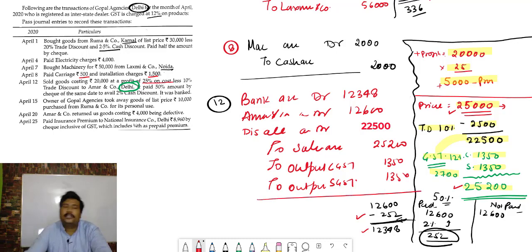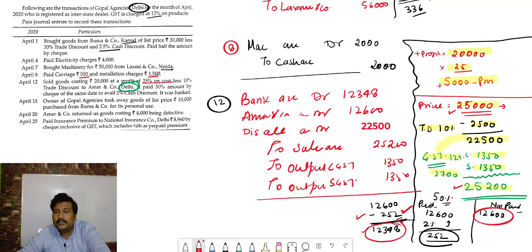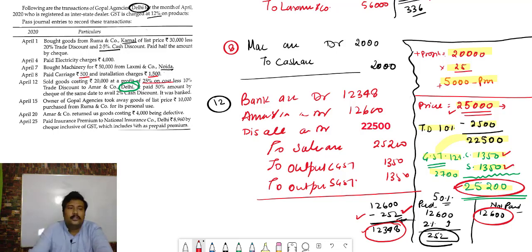So this is how we do the transaction. Bank account debit, the amount we receive. Amar, the amount we do not receive. Discount allowed, the discount we had given, which is a loss for us. Total sales 25,200. Output CGST, output SGST. So 1,350 is the GST we charge on the total amount 22,500 after trade discount, and 1,350 is the SGST.